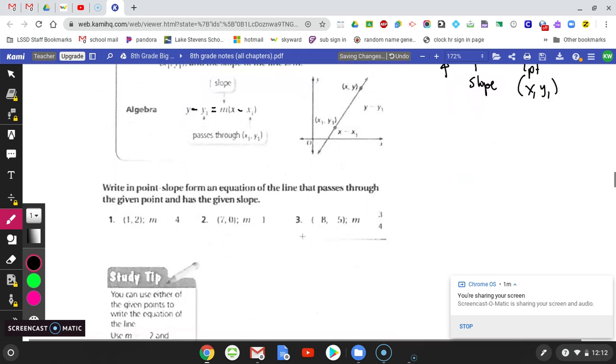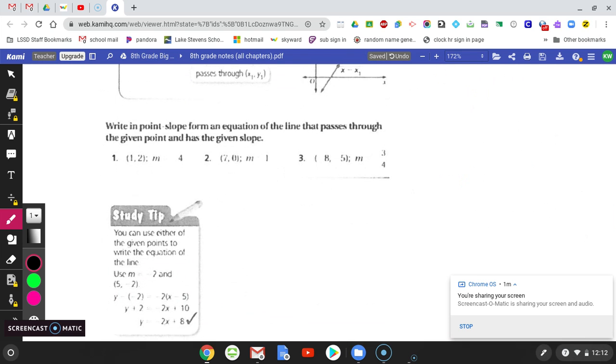Okay, so let's take a look. It says to write an equation in point-slope form with the point given, (1, 2), and a slope of -4. So I'm going to write my equation. y minus y1 equals m parentheses x minus x1. All I need to do is substitute those 3 things in.